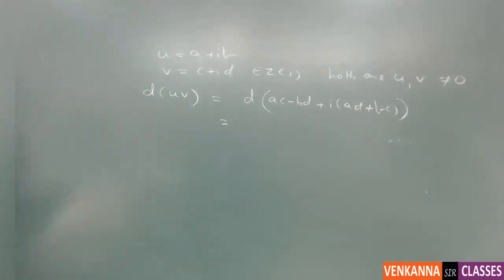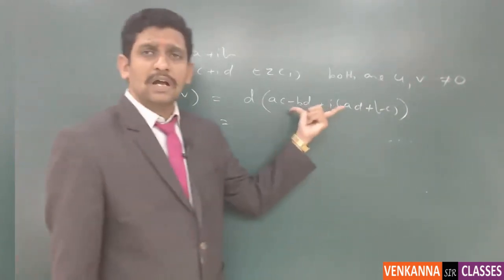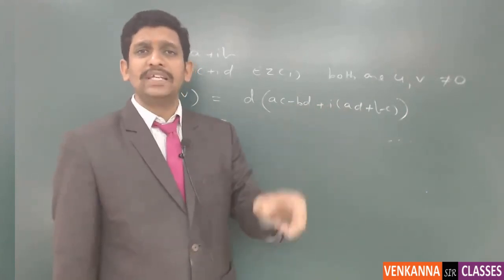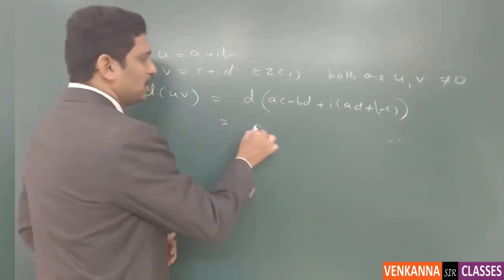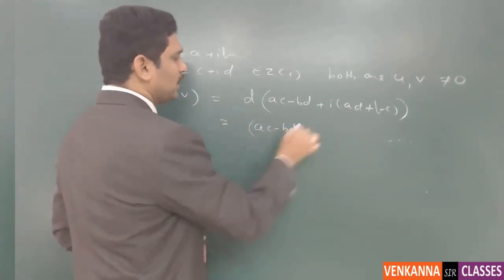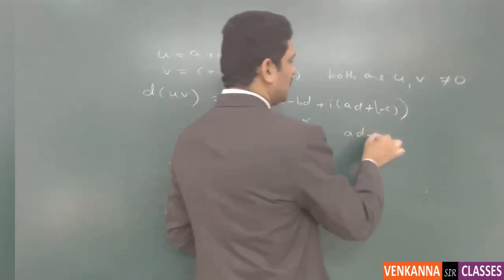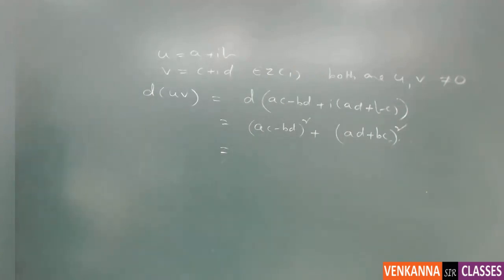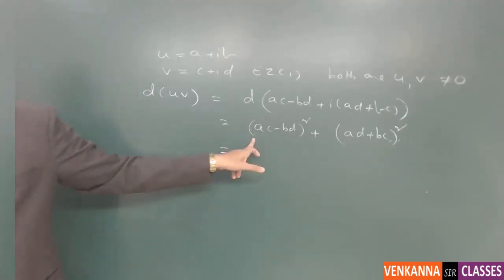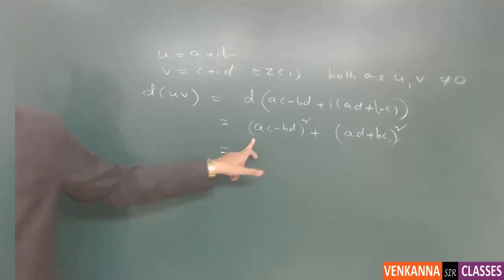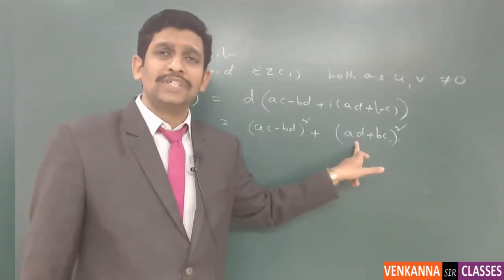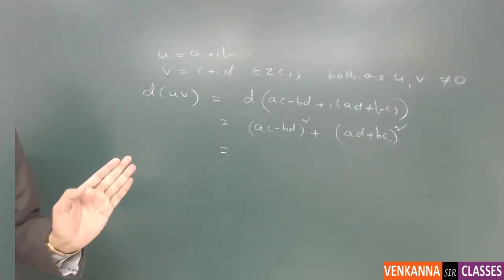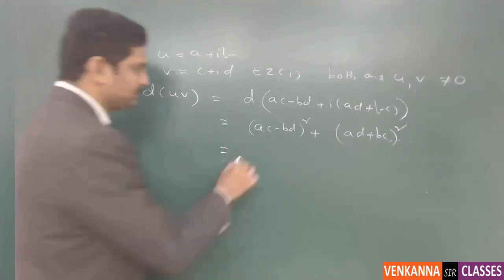And how is it defined? Whenever you have the a + ib form, you should take the d value as the sum of the squares of the coefficients. So it is (ac - bd) whole squared plus (ad + bc) whole squared. Now you expand this value using the (a - b) whole squared formula, and you expand this value using the (a + b) whole squared formula. Then you can observe the result.